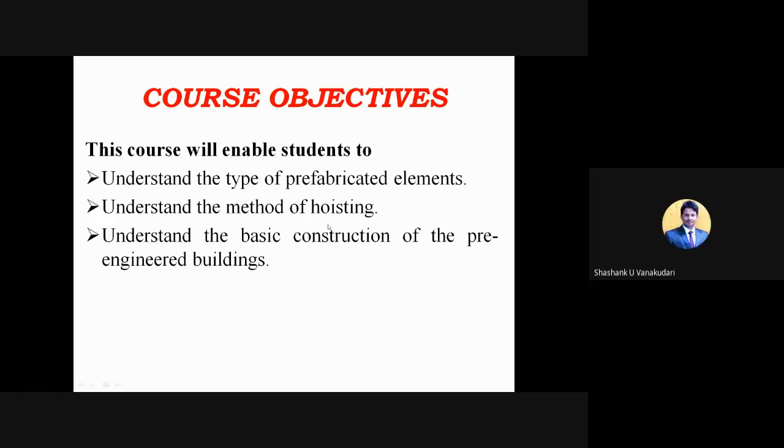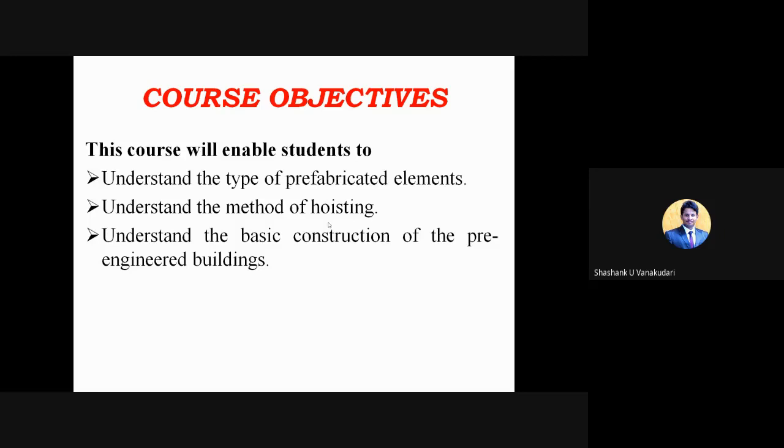So understand the method of hoisting. Hoisting is nothing but erecting the structural elements from one place to the required location. For example, you will bring the structural elements from the manufacturing site to the required location, I mean where exactly the construction is going to take place.